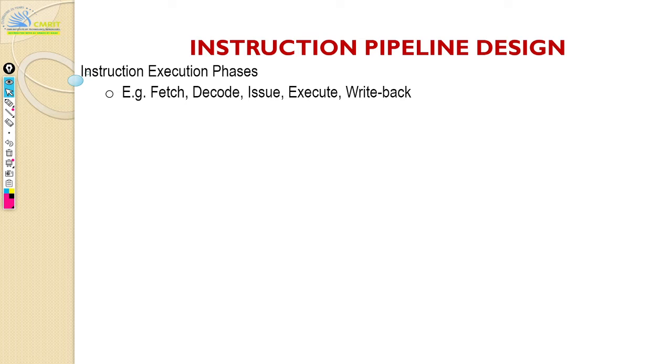So that's what you do in fetch: you take the next instruction, whatever is pointed to by the PC, fetch it from memory and bring it to your CPU. That's all. There is no other intelligence there. It is simply fetching.